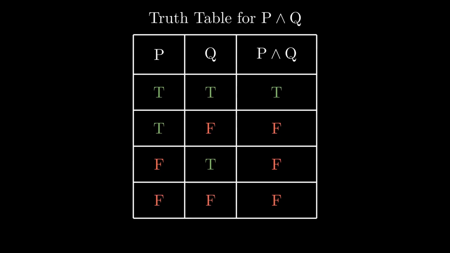The or connective, or the disjunction, evaluates a compound statement as true if at least one of the statements is true. The and connective, or the conjunction, evaluates a compound statement as true if and only if both statements are true. These are called truth tables because they show the conditions necessary for a compound statement to be true.